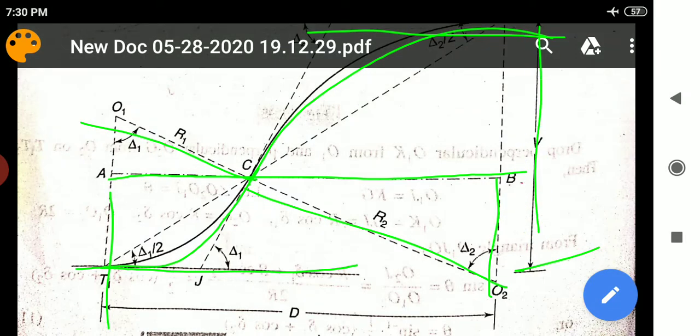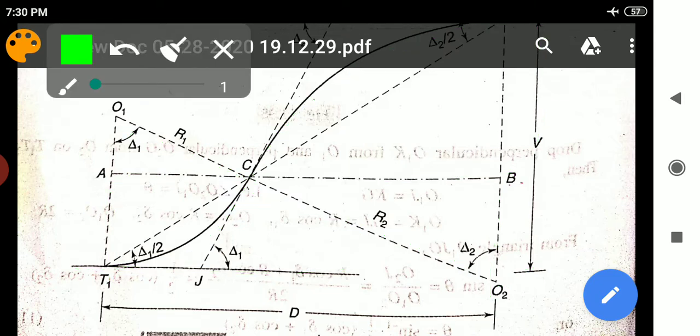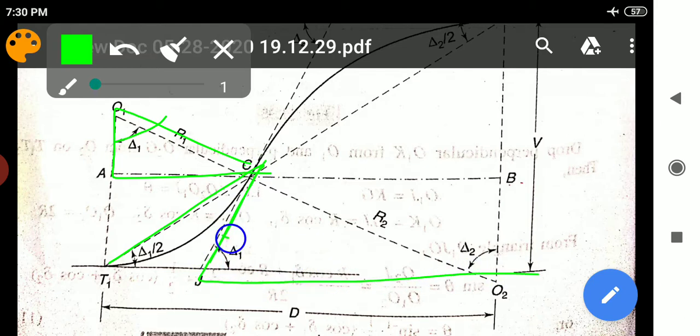Okay, then see here, CO1A, C makes an angle of delta 1. Okay, and T1CJ, in these cases CJ and O2 make a delta 1.